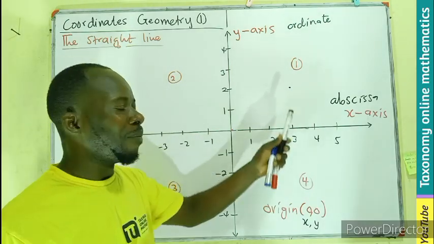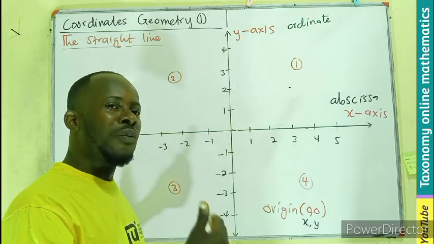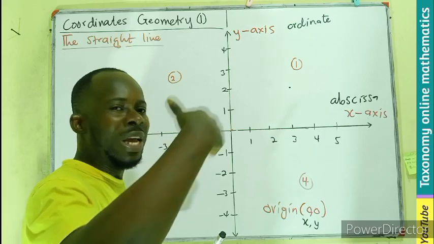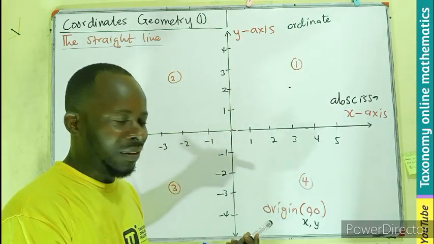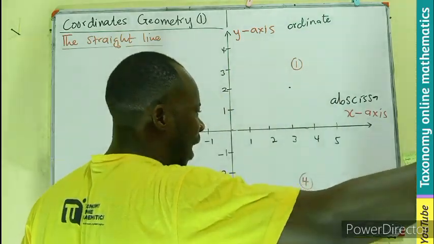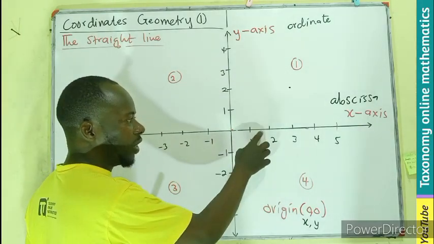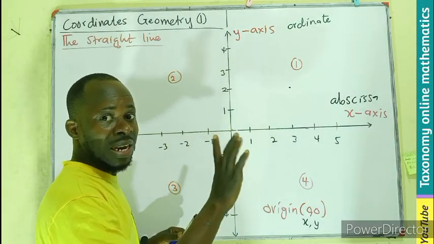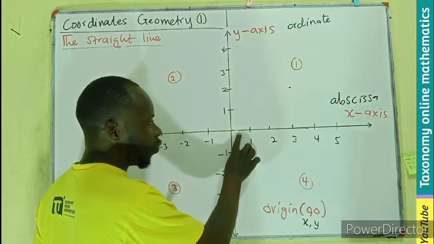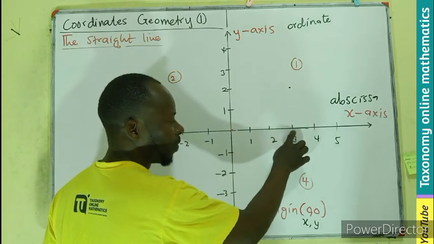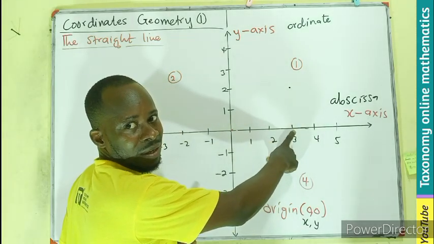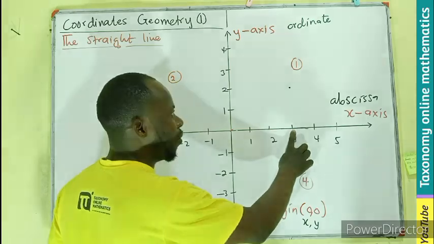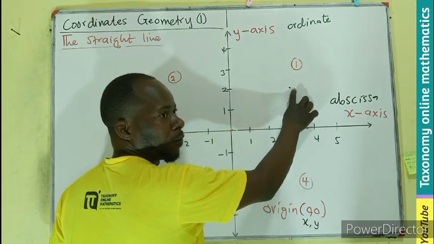Now this point can be described as moving 3 units to the east, or to the right. If I'm here, this is the east, right? I am moving 3 units. If all these demarcations are the same, I am moving 1, 2, 3 units to the east. Then from there, I am moving 2 units to the north.